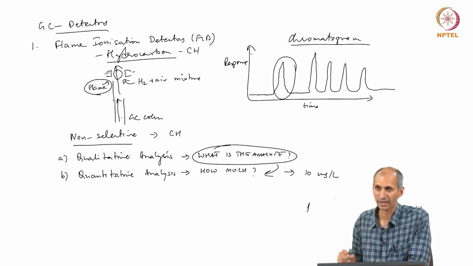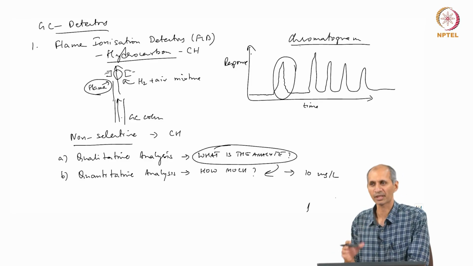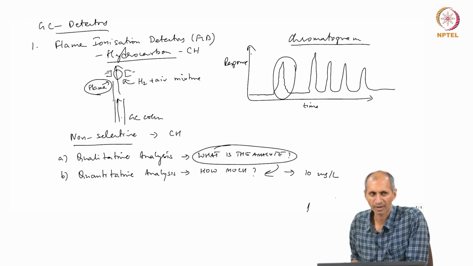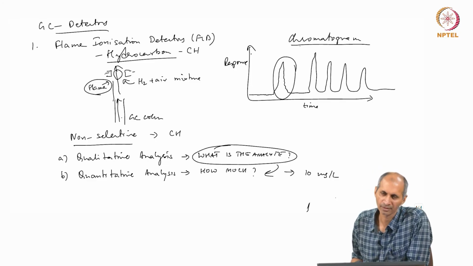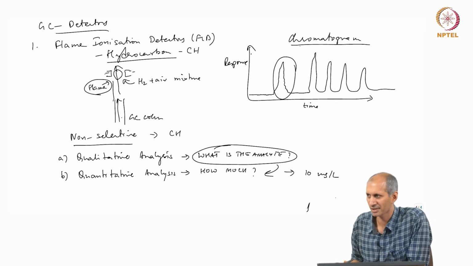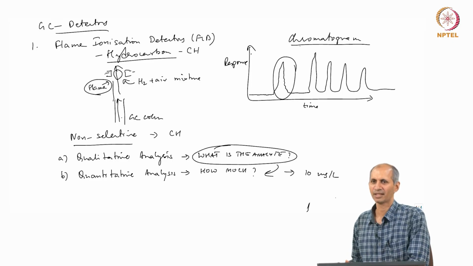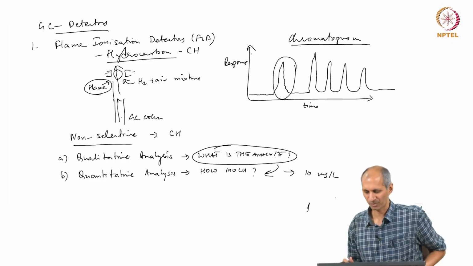To get this, what do I need? Yeah, but what do we need to get quantification? No, in an instrument, how do I get concentration data? What is necessary? Calibration. You need calibration.